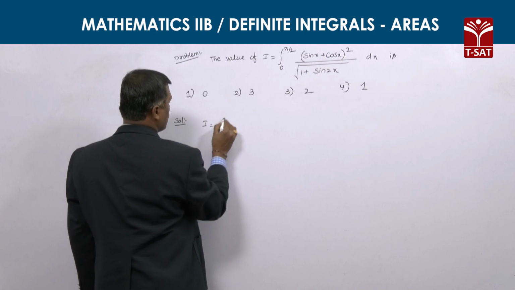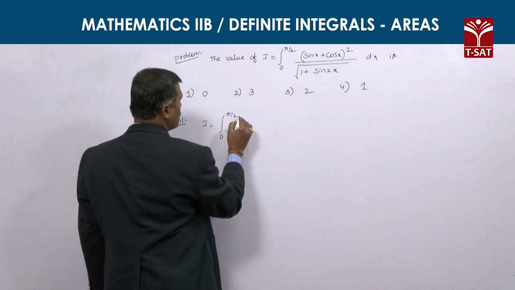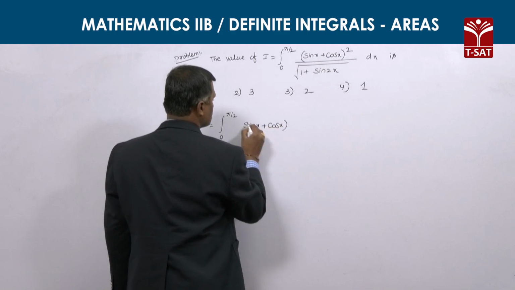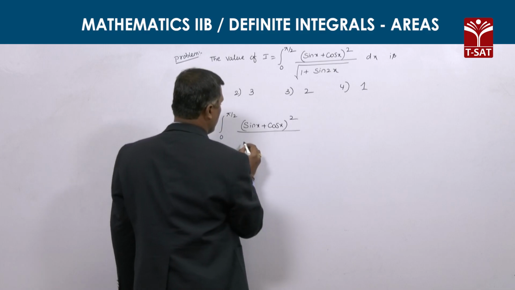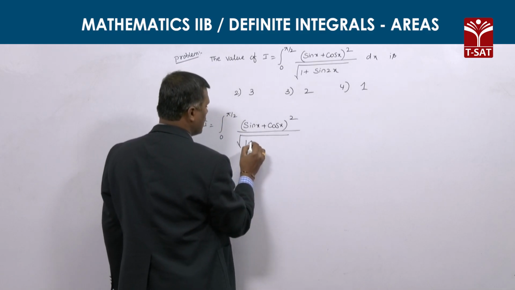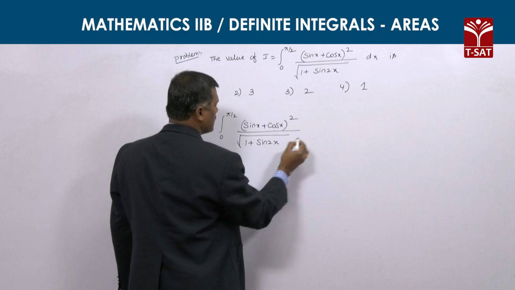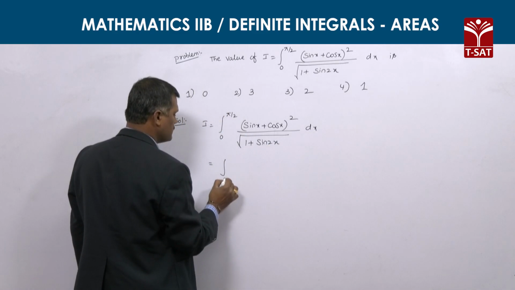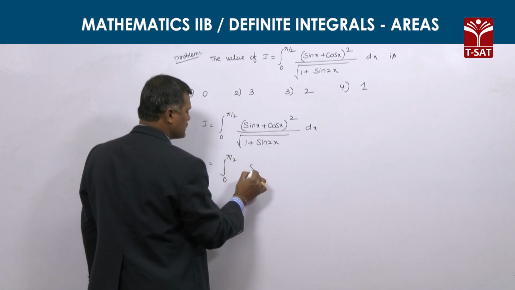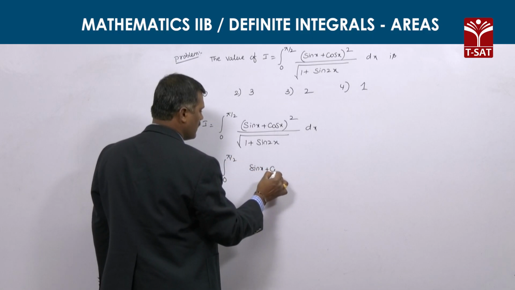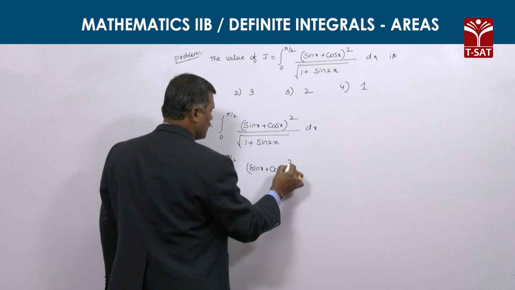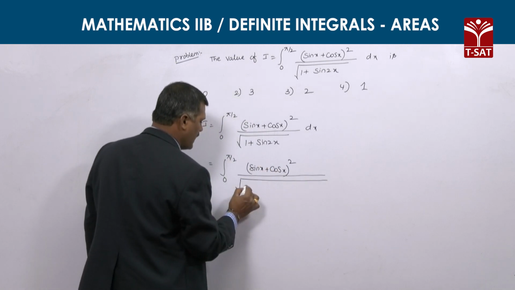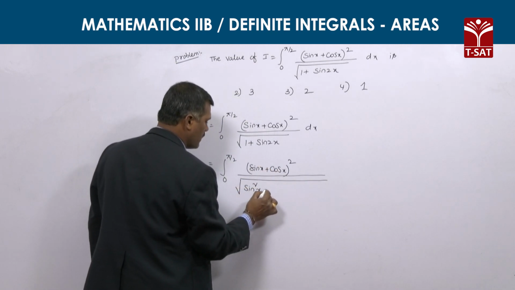Given I is equal to integral from 0 to pi by 2 of (sin x plus cos x) whole square, whole divided by under root 1 plus sin 2x dx, that is equal to integral from 0 to pi by 2 of (sin x plus cos x) whole square, whole divided by under root, and this 1 can be written as sin square x plus cos square x.